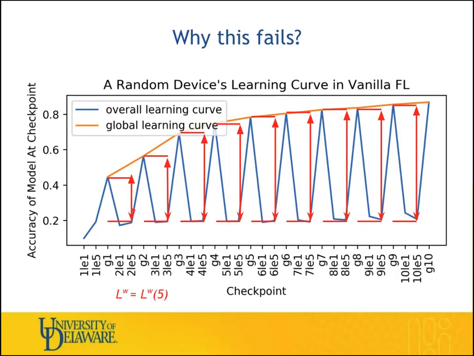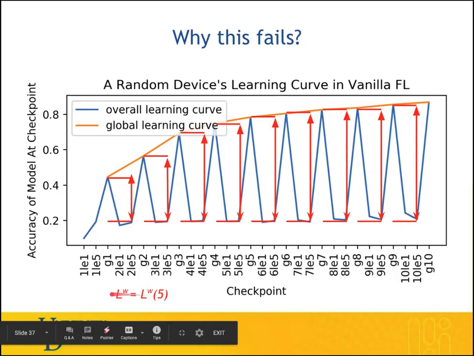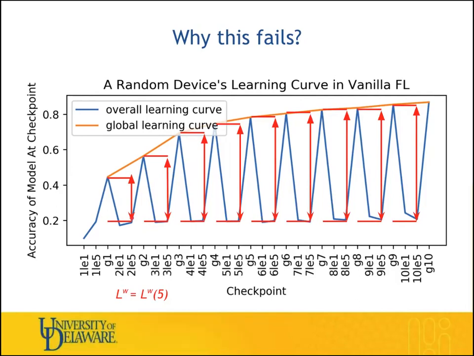And our method was to approximate AW(last G) minus AW(LW). Here, since every device performed 5 local epochs and uploaded their local model updates, LW is actually LW(5). So such a calculation can be described by these red arrows.